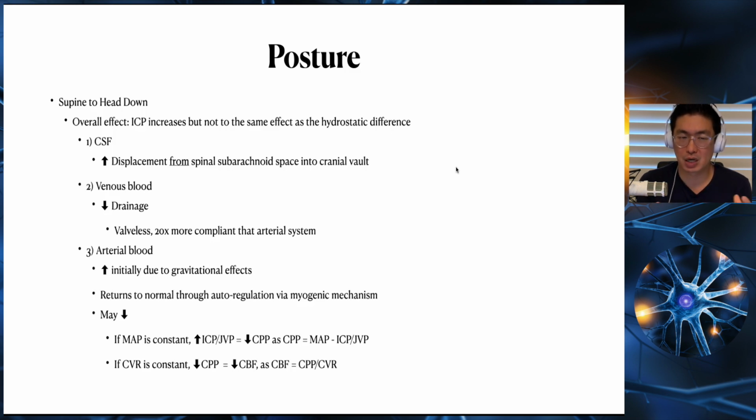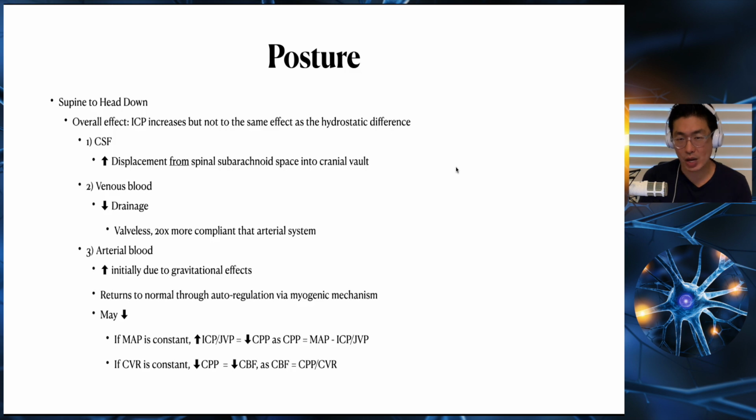All right, so it's going to expand. And then with the arterial blood, there is an initial increase due to the gravitational effects, but then after that, you get it returned back to normal, again through autoregulation via the myogenic mechanism. And then after that, this is where you might see it decrease.